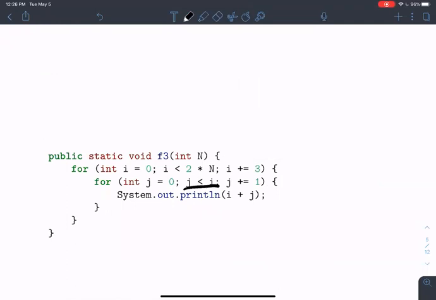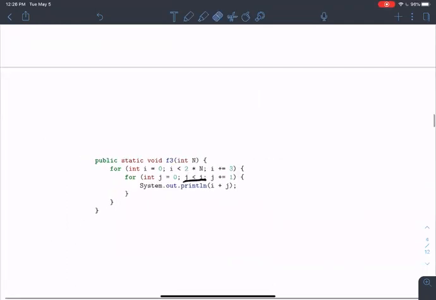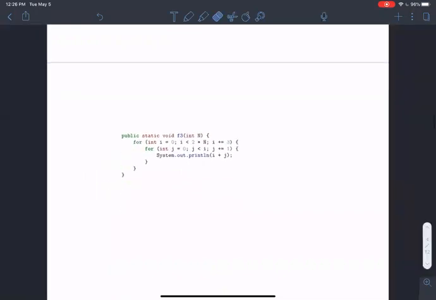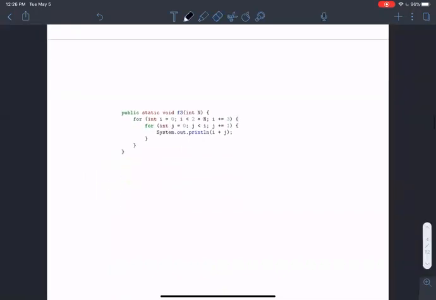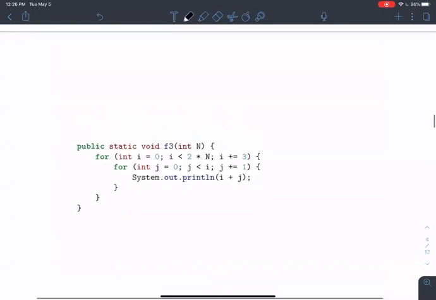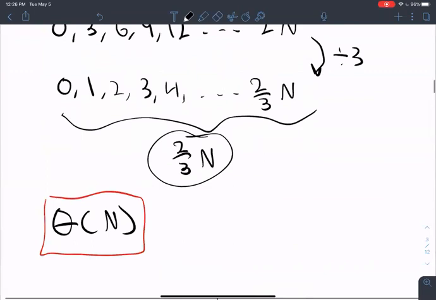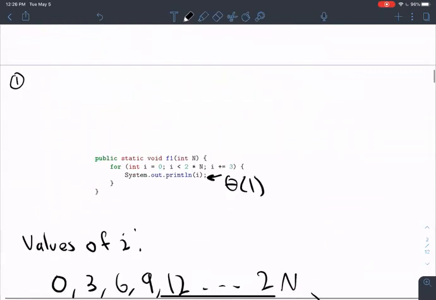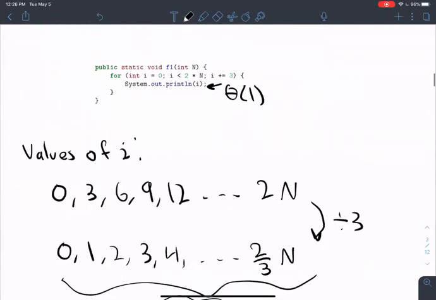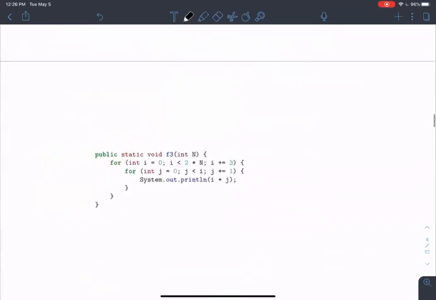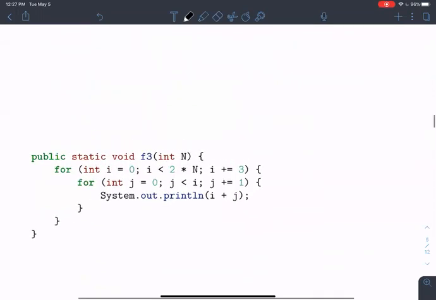So we need a different strategy. If it was a single for loop, that would be pretty easy, right? We could basically use our strategy from the first question. If you look here, it's basically a bunch of single for loops running sequentially.